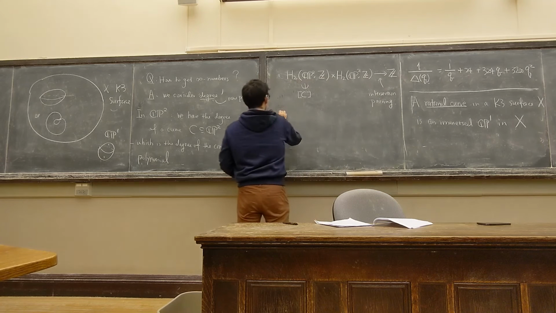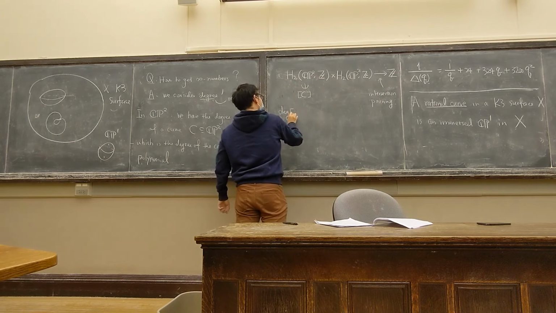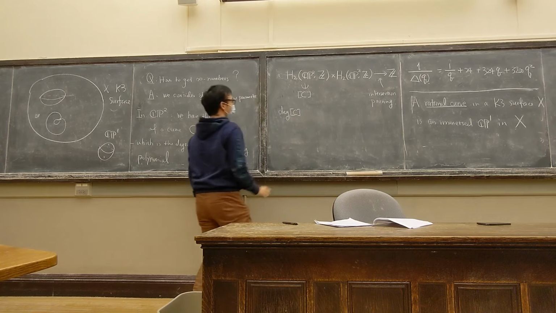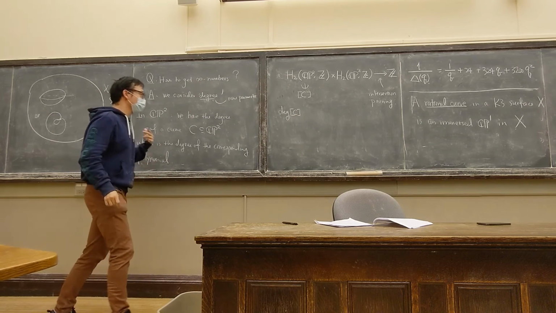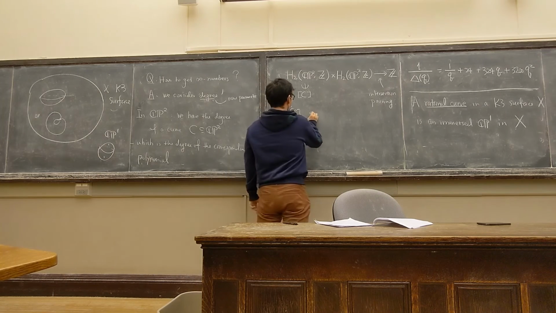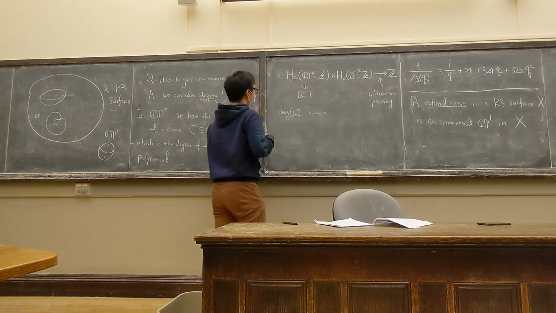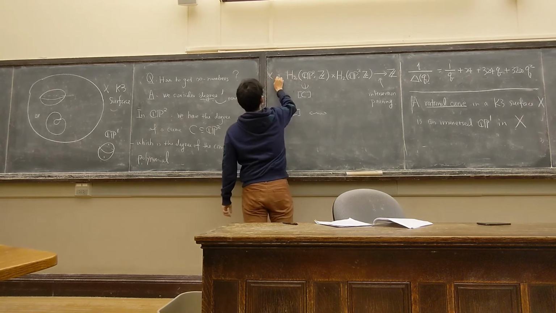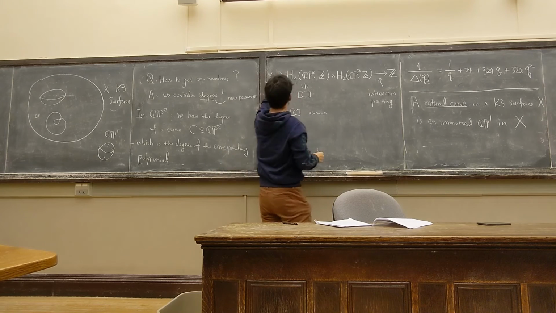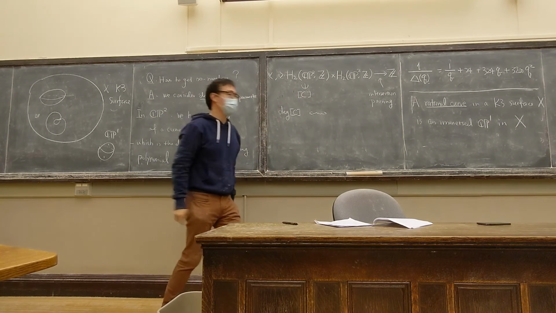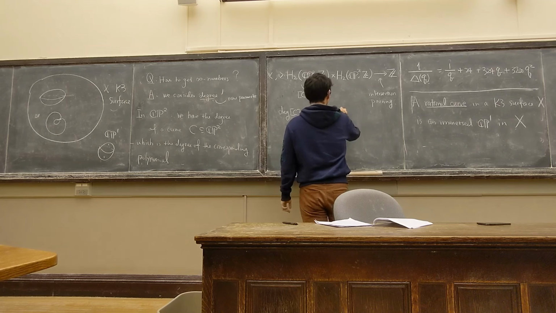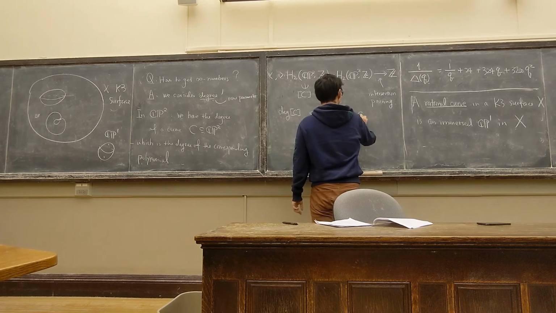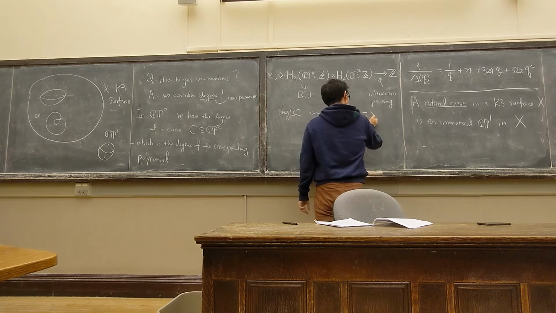Then the degree of your curve, I mean the degree of the corresponding polynomial, is the same as this piece of data using algebraic topology. It's the self-pairing.